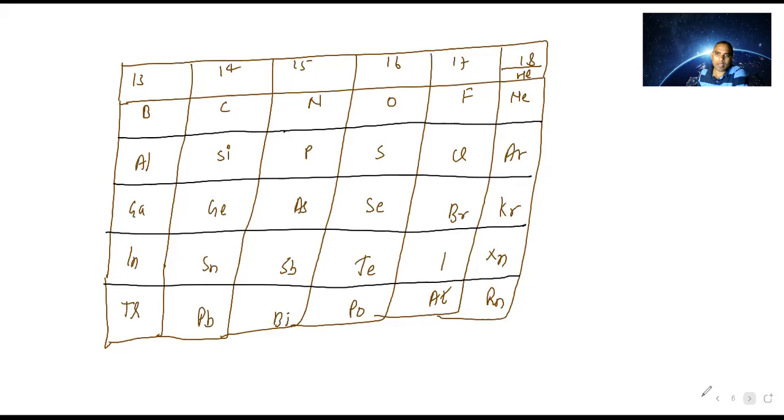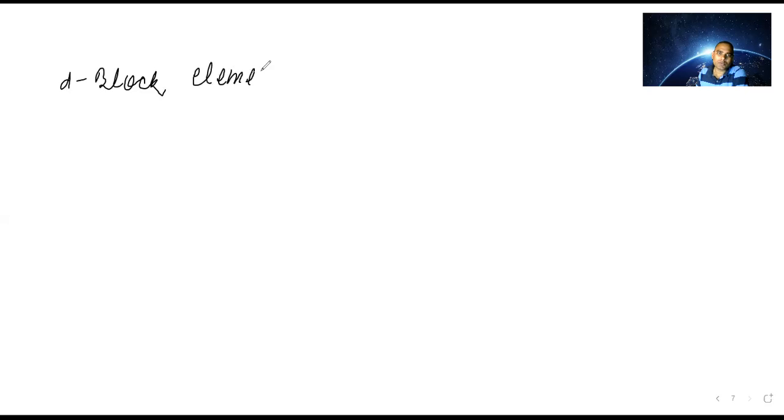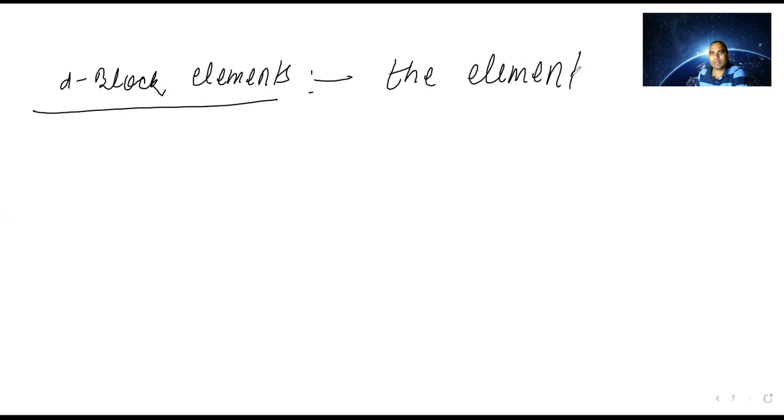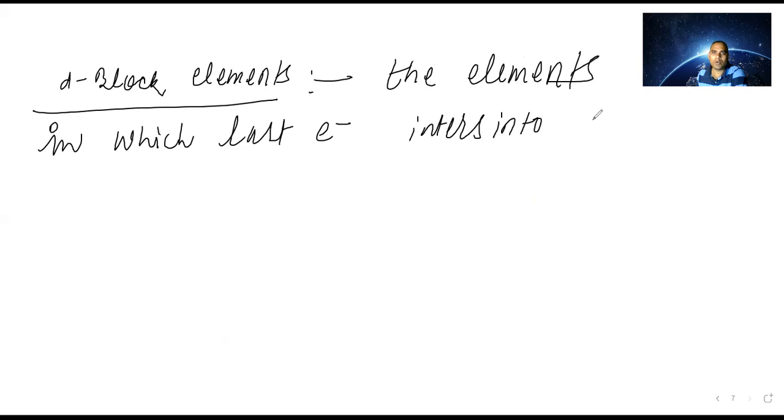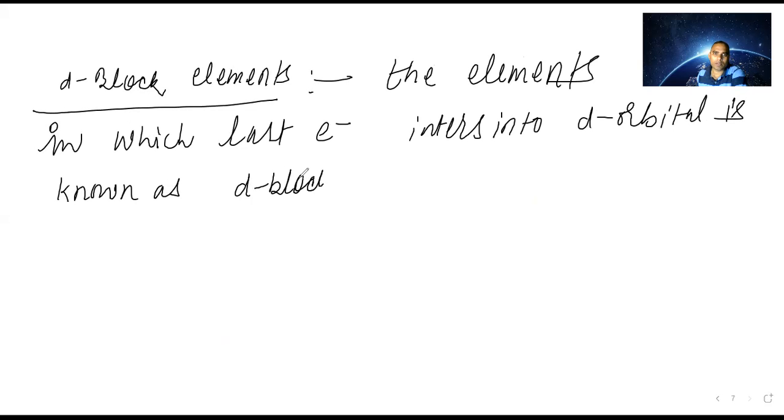If you talk about the D block element, the definition is: the elements in which the last electron enters into the d orbital are known as D block elements.